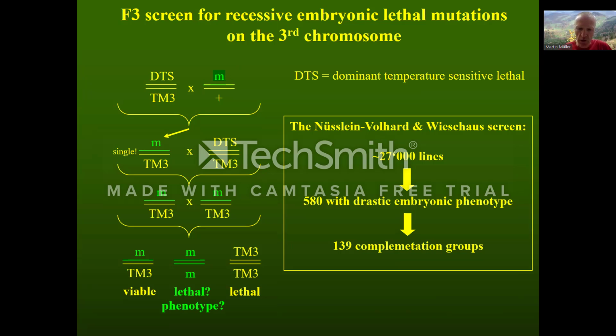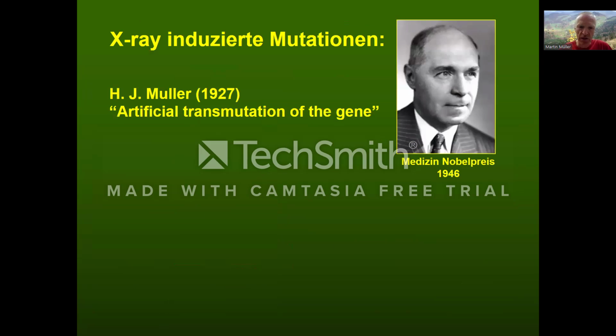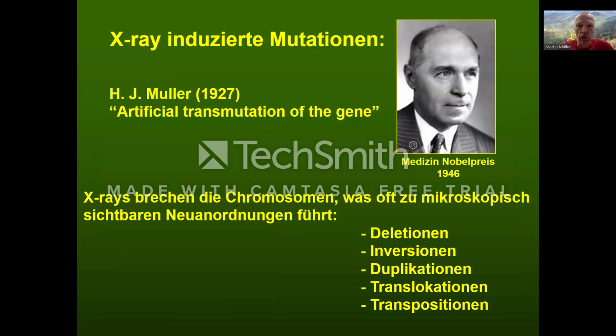Okay, we had spontaneous mutations, we had chemical mutagenesis, and now come the X-ray induced alleles. So the man who developed this technology was Hermann J. Muller, a postdoc in the Morgan lab, beginning of the 1910s, and he published an article called Artificial Transmutation of the Gene, in which he described that by using X-rays he could increase the mutagenesis frequency by a factor of 100, and that was of course spectacular.